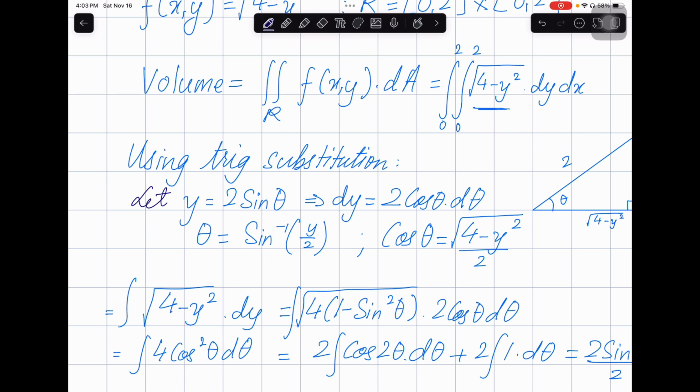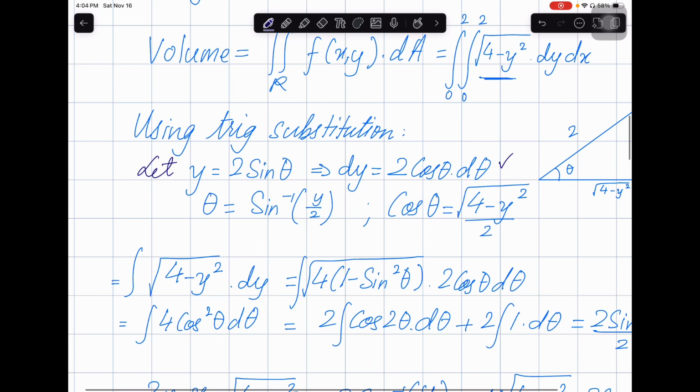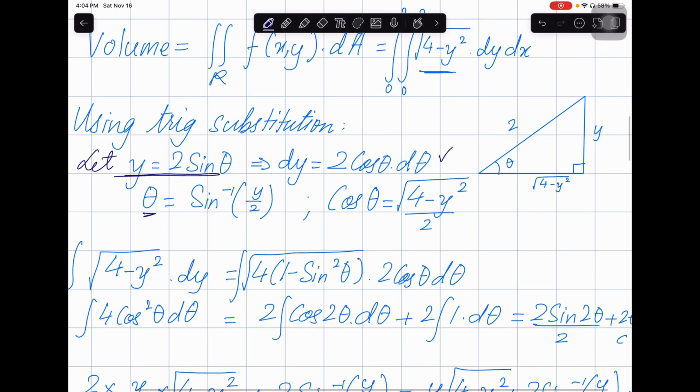And then dy is 2 cos theta d theta. The derivative of sine theta is cos theta here. And from this relation, theta is equal to sine inverse of y over 2. Just some relations that should be useful in solving the problem. And how did I find cos theta here?